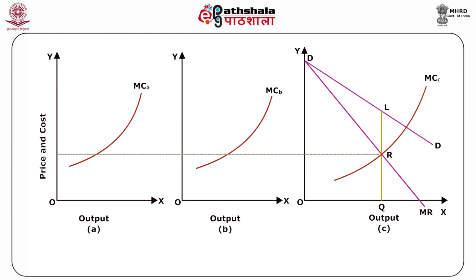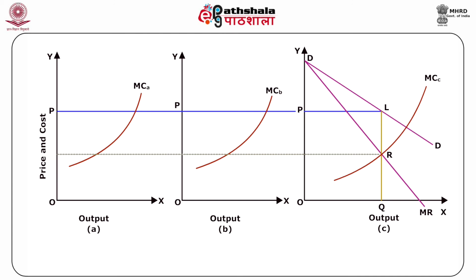The demand curve DD of the cartel at output OQ determines the price. That is, P into P is equal to QL is equal to OP.